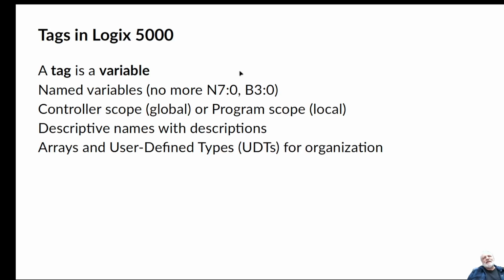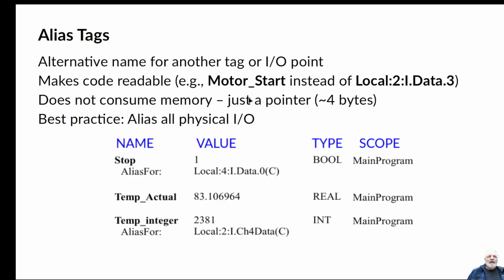So now we can give these numbers a more meaningful name, as we'll see here with some examples. All right, so we have our tag. You can have either a virtual tag, which means it is only stored inside the memory inside the PLC.